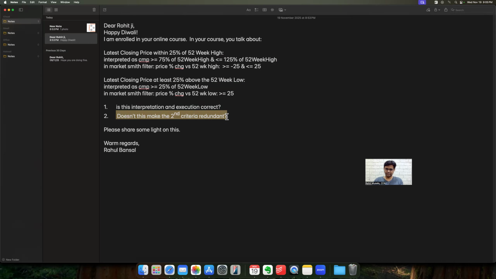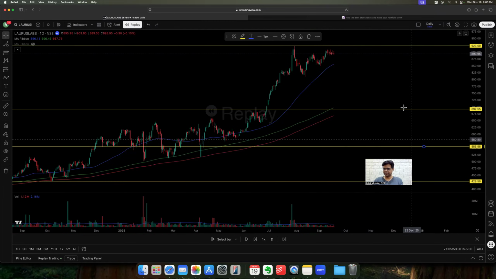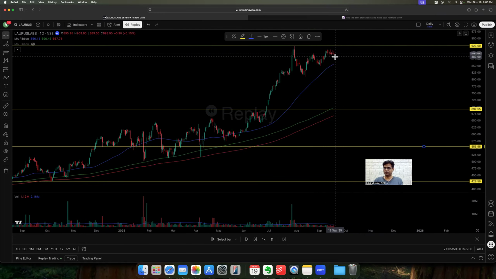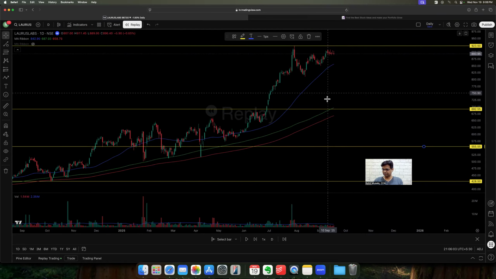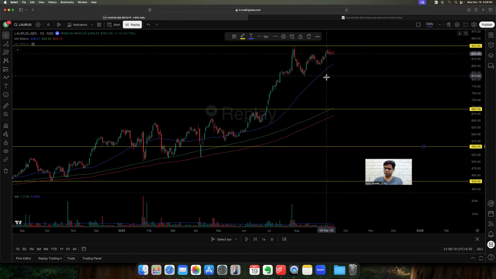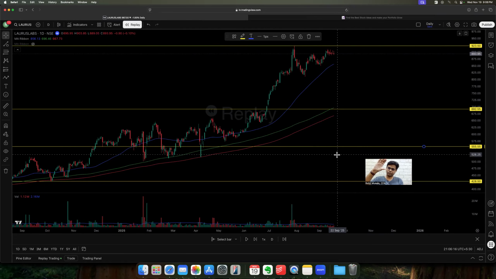Doesn't this make the second criteria redundant? So what he's saying is that if the price is within this band, obviously the price is above the 52-week low by 25%, correct? So if this criteria is true, what is the need for this criteria? Because sometimes the distance between the 52-week high and low could be so small, it could be less than 25%.